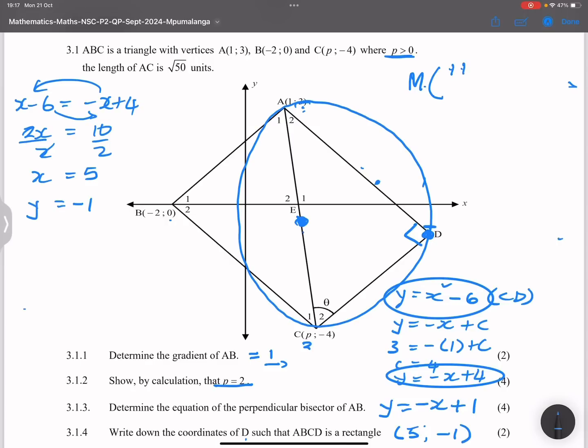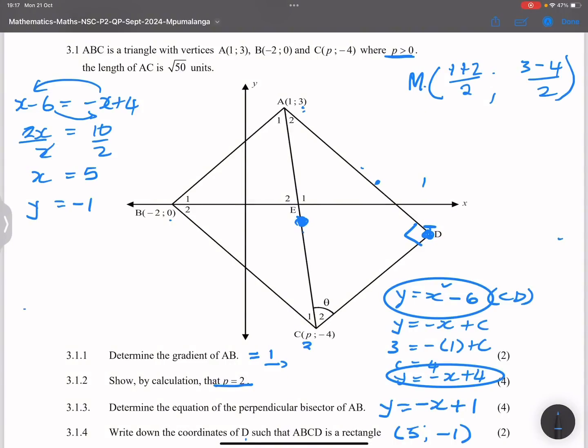And for the y value, I would have 3 minus 4 divided by 2. So my midpoint in this case would be 3 over 2, right? And -1 over 2.